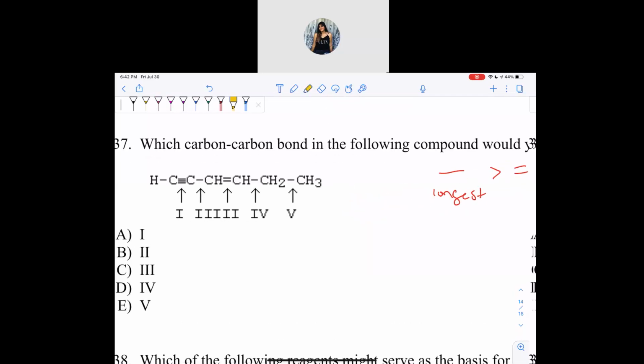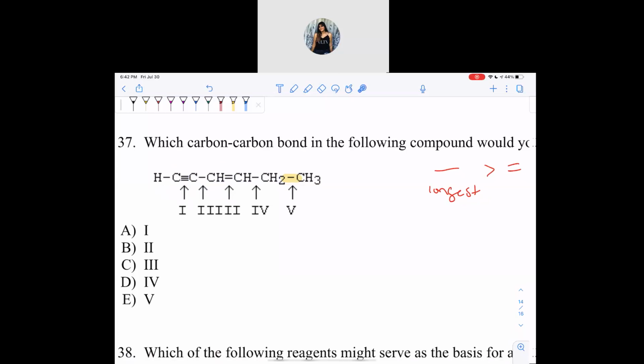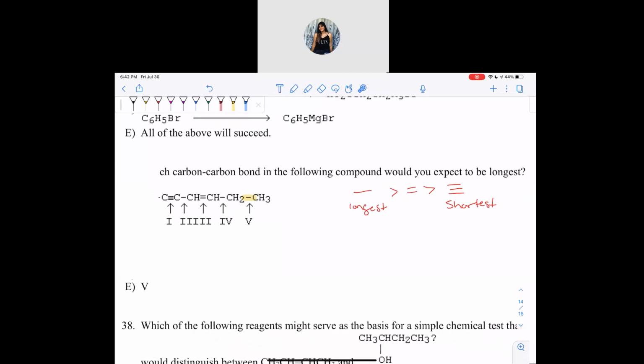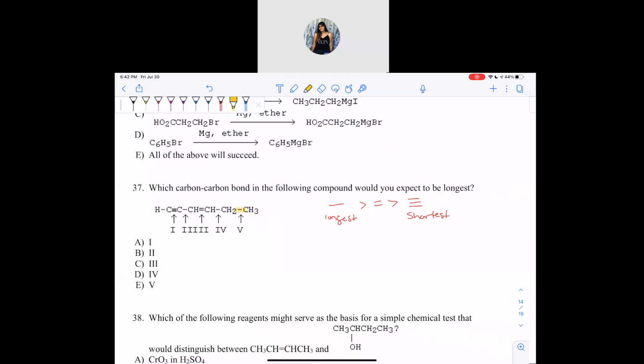This one is furthest away. This one is right next to a double bond. This one is in between a triple bond and a double bond. So this one is going to be the longest. E is our answer.